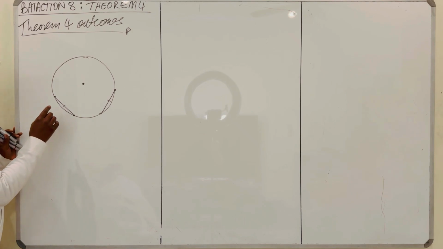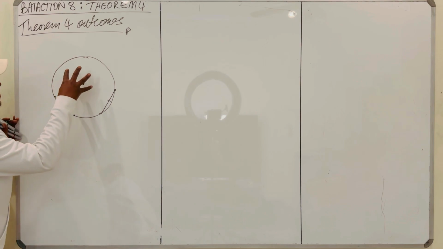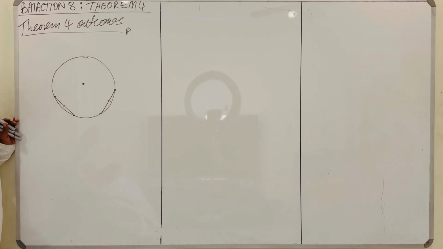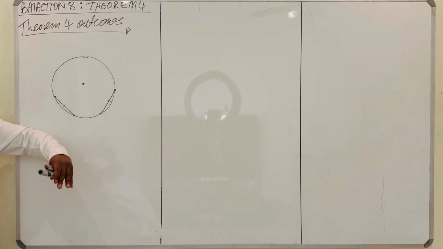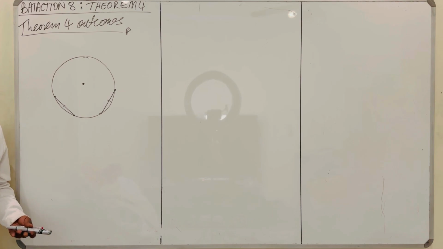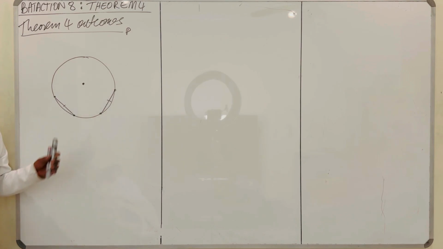I'm saying this major segment here in size is equal to this major segment here in size, but they're just placed in different ways. So those segments are congruent. Those major segments are congruent, including the minor segment. The minor segments are also congruent.